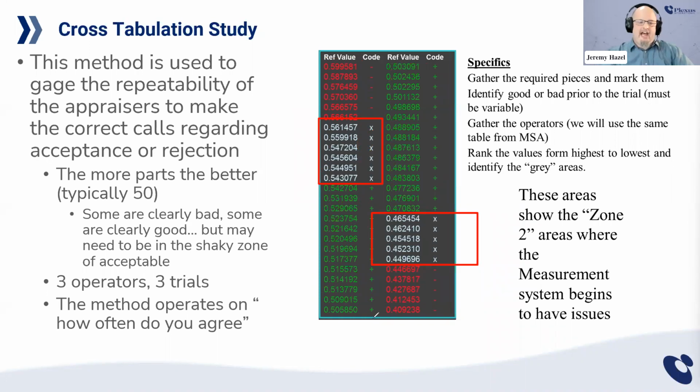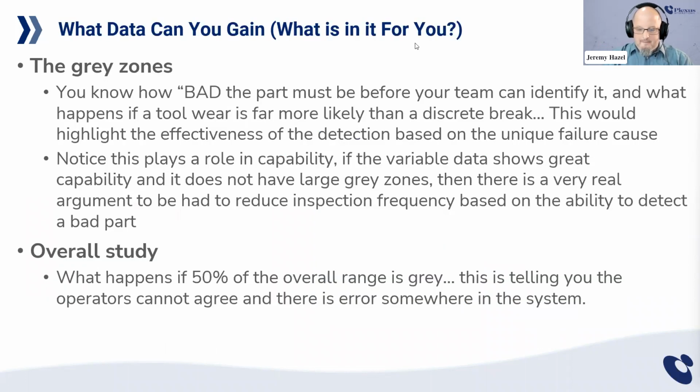So if you have the, let's say, luxury of being able to measure it variably, but you want to measure it in mass production visually, run your cross-tabulation and then check out your signal detection and what you're looking at for the gray zones. You know how bad the part has to be before your team can identify it. Now, here's the way this works. Tool wear is far more likely than a discrete break.